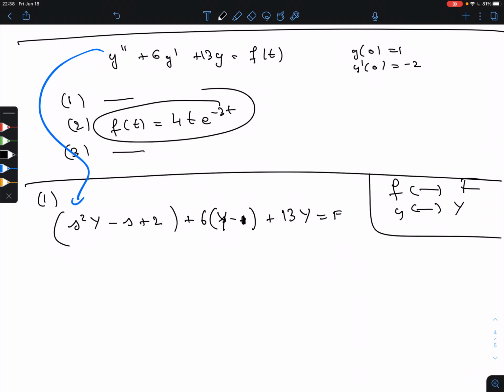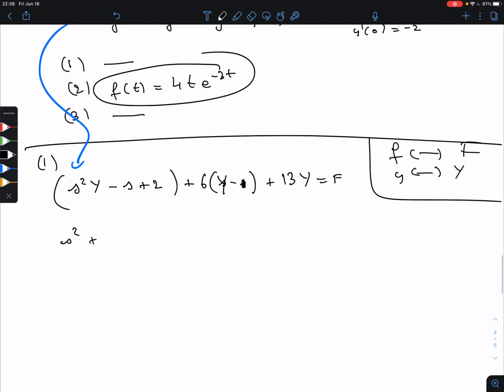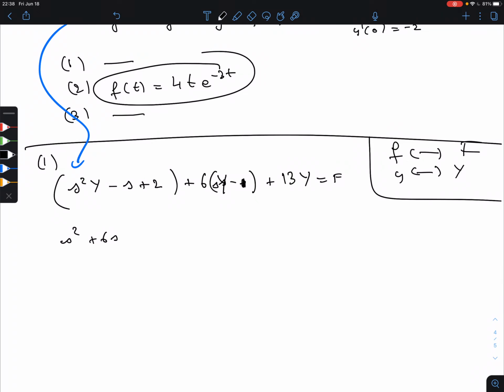Okay, so we get s squared plus 6s plus 13. Oh, there's an s missing here; I wrote the s on top of the y. I know that this has to be the characteristic equation.